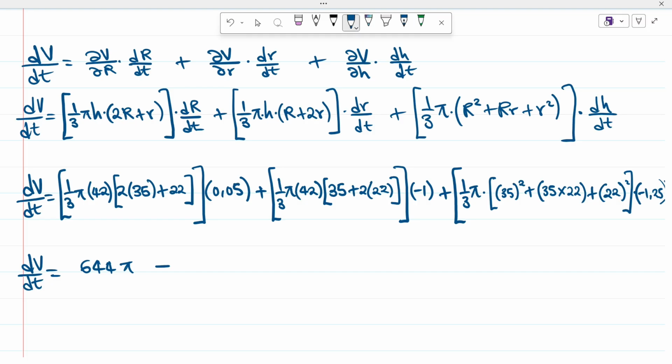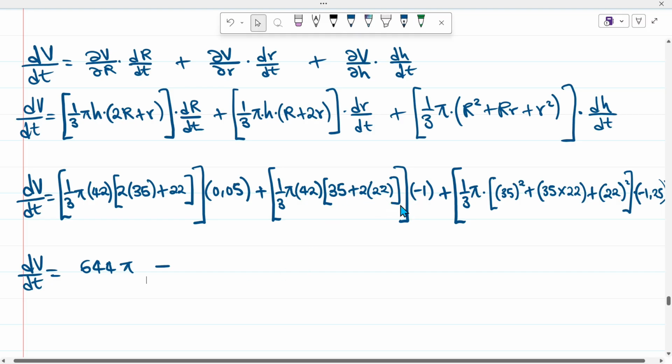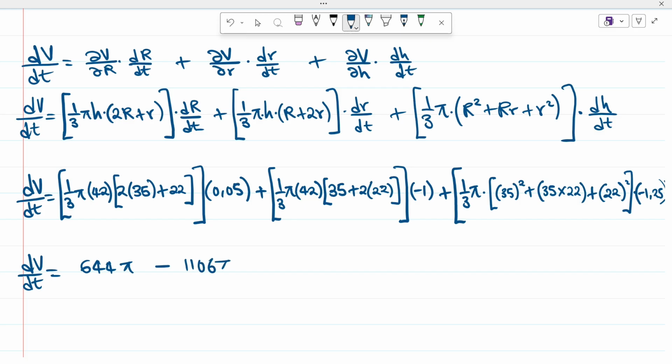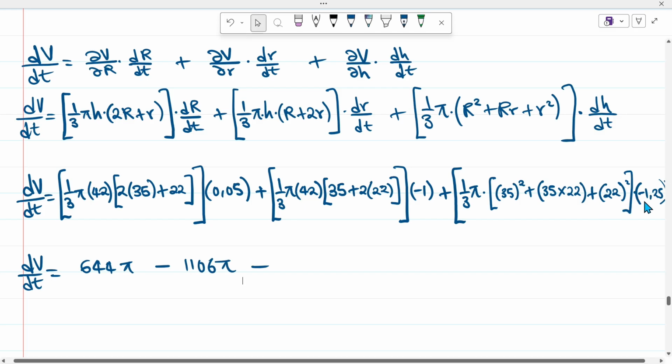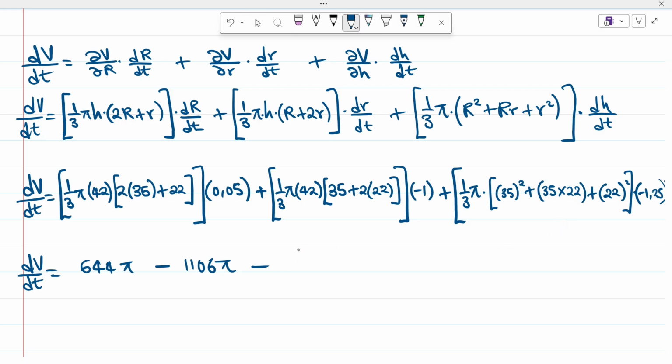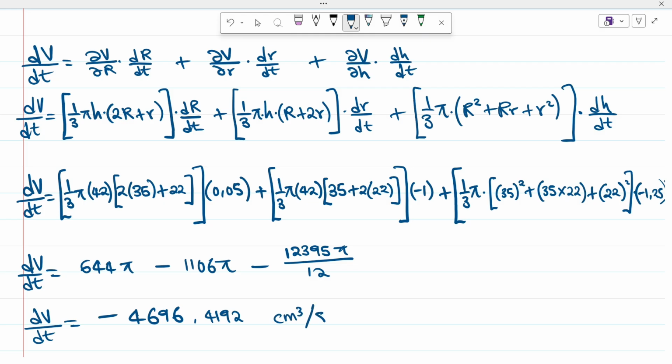644 pi, and then for this term, which is multiplied by -1, is going to be 1106 pi, and then for the last term, which is multiplied by -1.25, is going to be 12395 pi divided by 12, and then therefore the rate at which volume changes with time is going to be equivalent to 4696.4192 cubic centimeters per second.